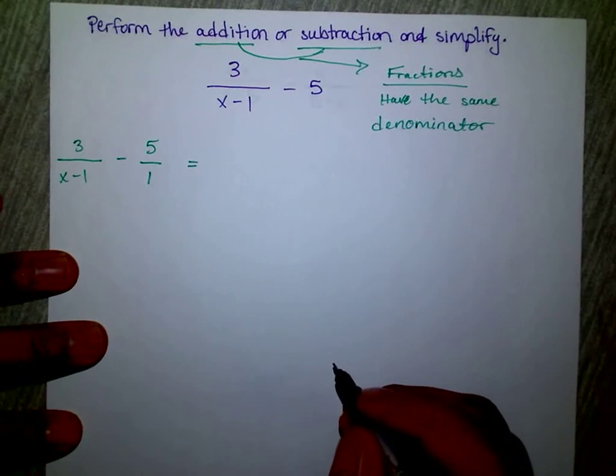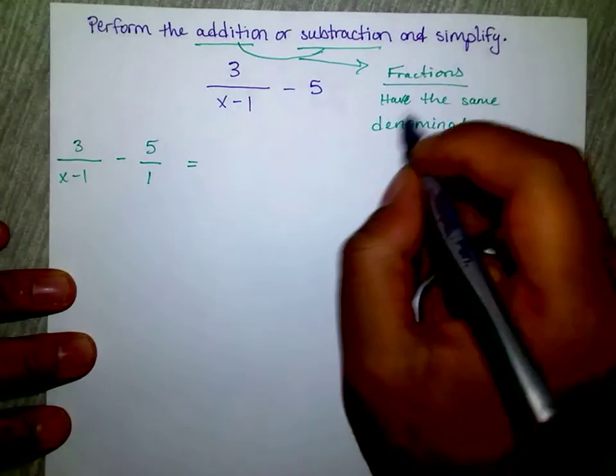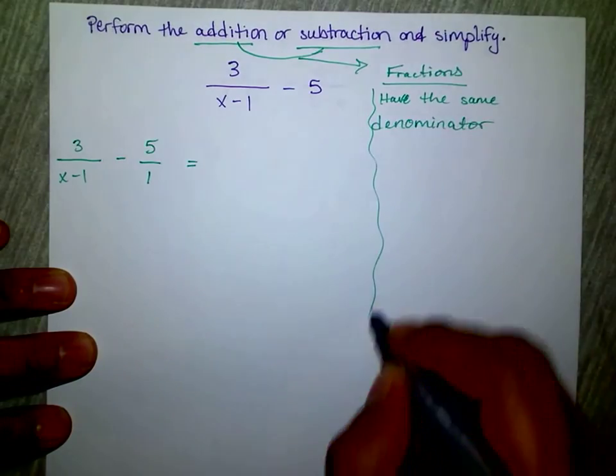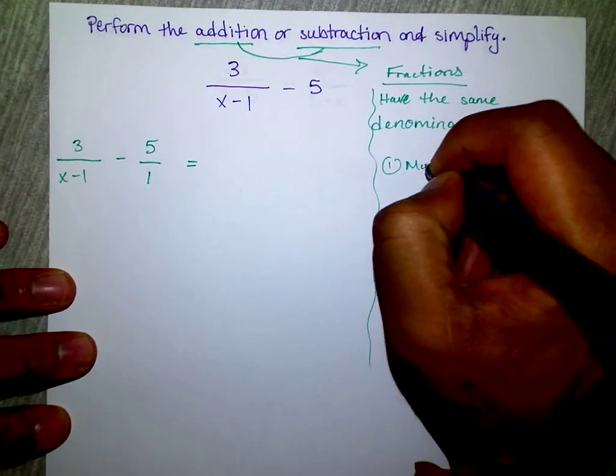They have to have the same denominator. So what we're going to do, off to the side, is multiply the denominators. First step.